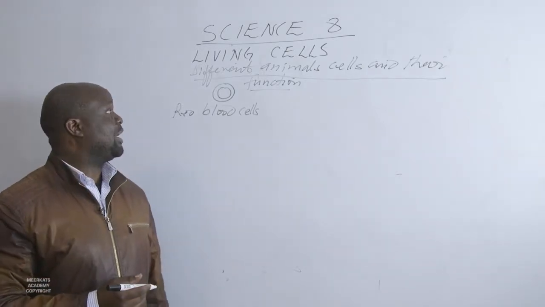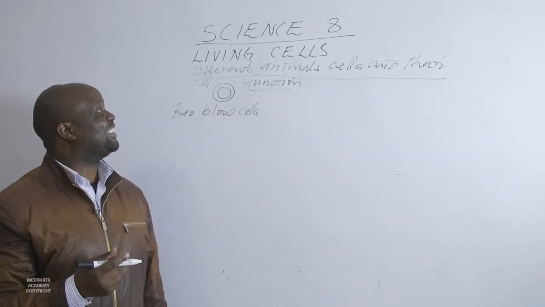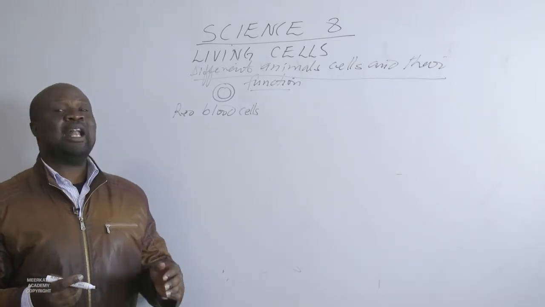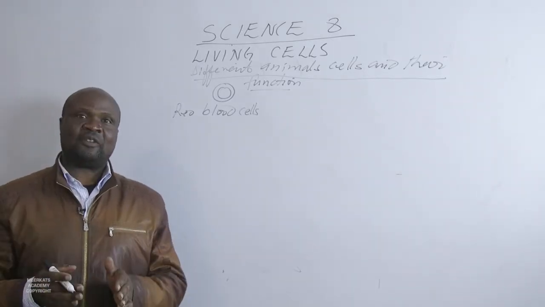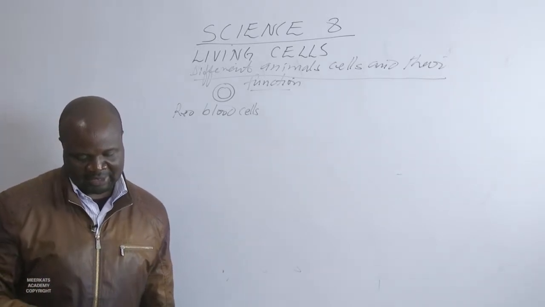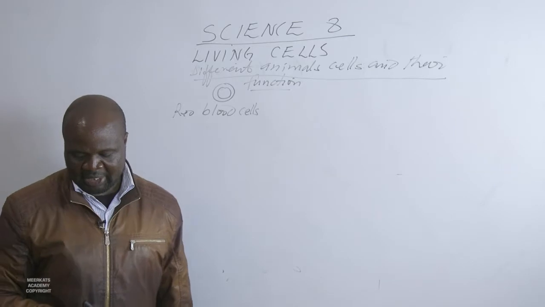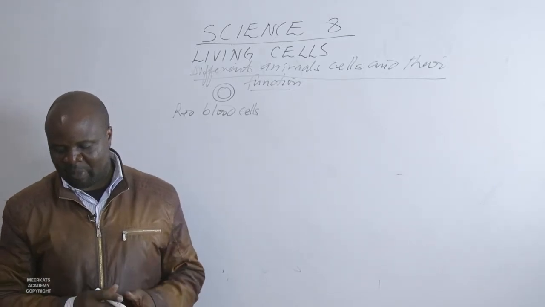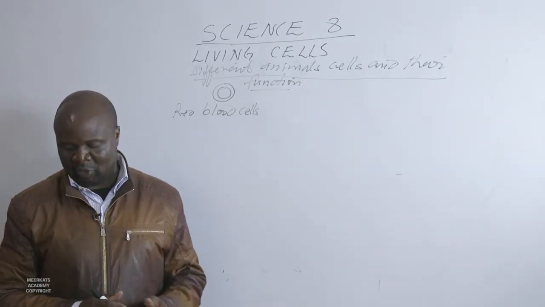So red blood cells are an example of an animal cell, and their function and structure are different, as we shall compare with other cells. Red blood cells contain hemoglobin that carries oxygen.